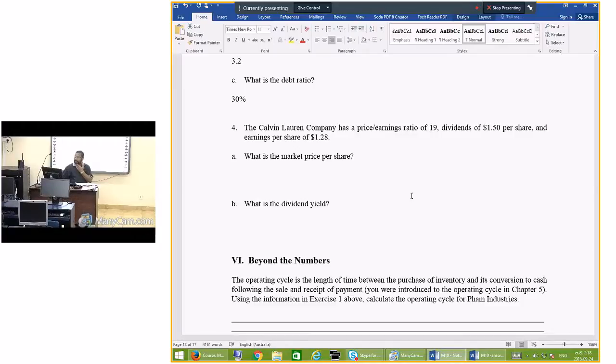Price earning ratio is 19, dividend 1.50 per share and earning per share 1.28. What is the market price per share?